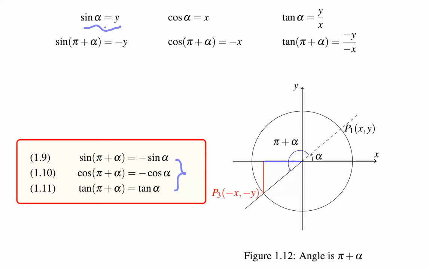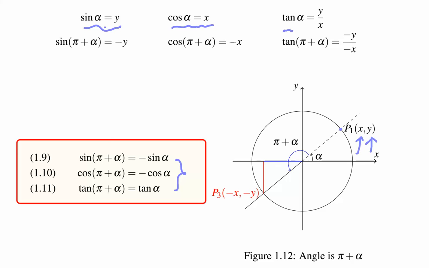Sine alpha was defined as the y-coordinate of point P1, so sine alpha is y. How was cosine alpha defined? Cosine alpha is defined as the x-coordinate of point P1.